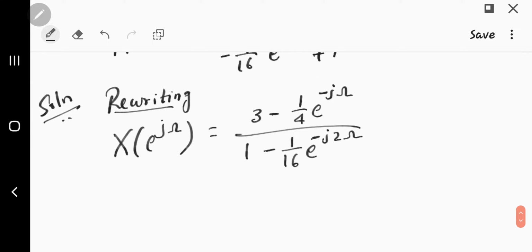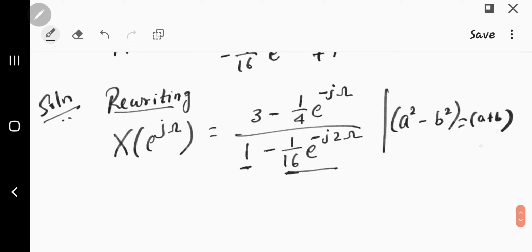Now if you observe this denominator, we can express this in the form of a square minus b square. This can be taken as a, and this entire term is b. So that will be a plus b into a minus b.